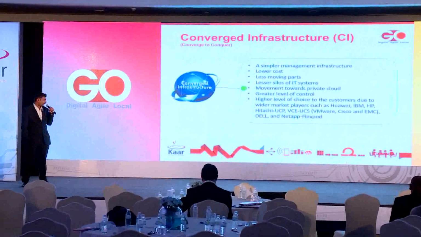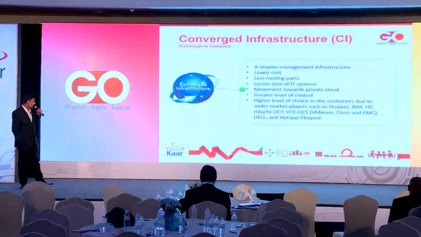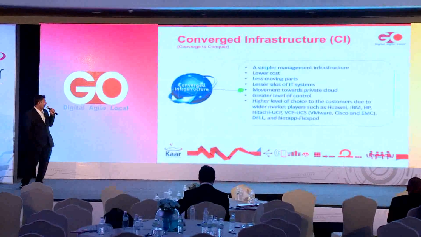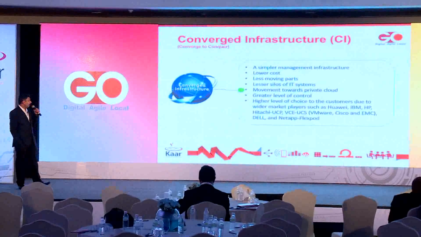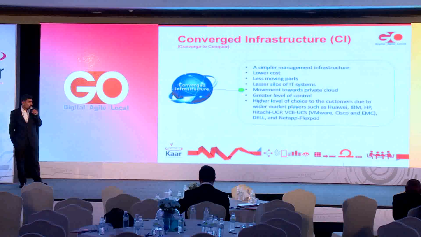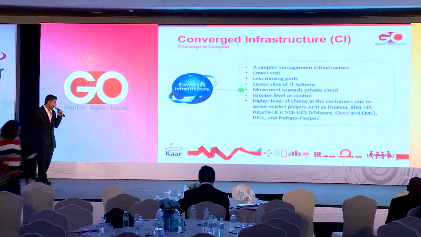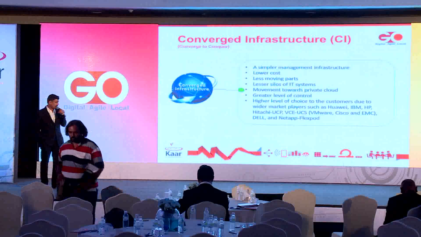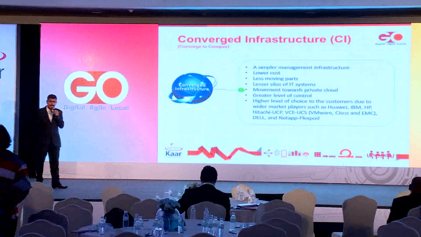If you see this, there are many players in this market for CI: Huawei, IBM, HP, again Hitachi UCP. VCE is VMware, Cisco, and EMC. They partnered together and came up with UCS, called Unified Computing System. Again, Dell and NetApp, FlexPod.